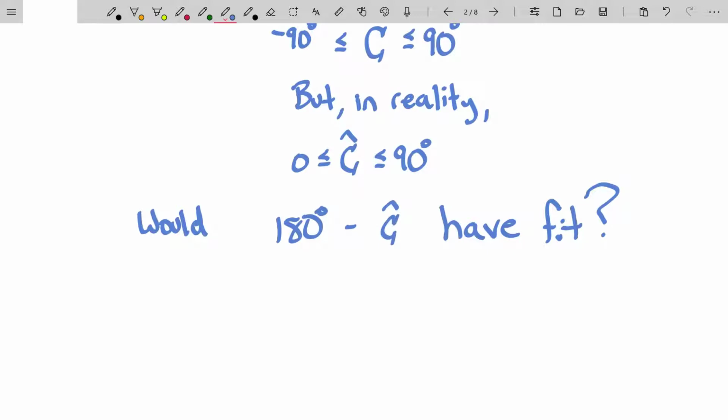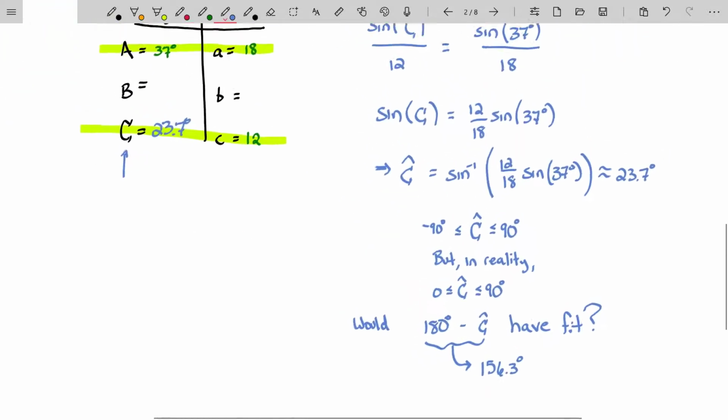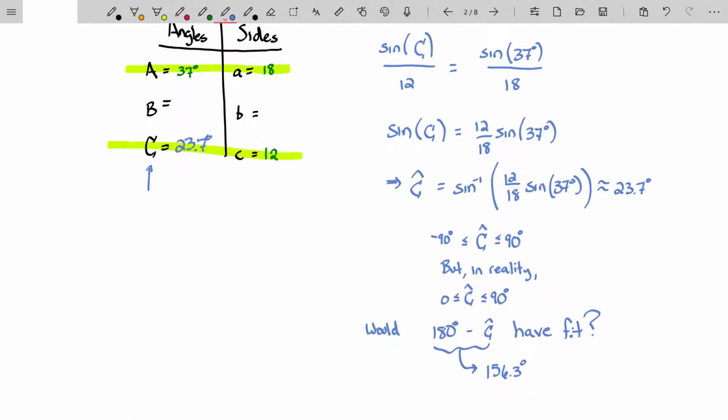And so the supplement of that, 180 minus that answer, would be 156.3 degrees. With the original information, well, the original information included a 37 degree angle.